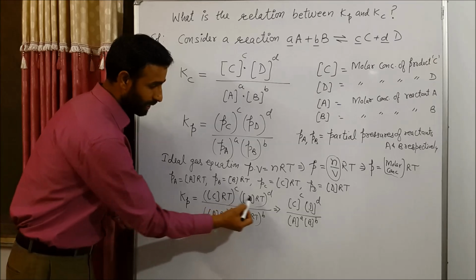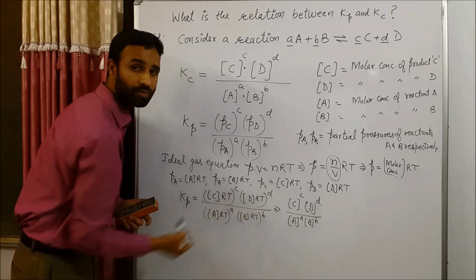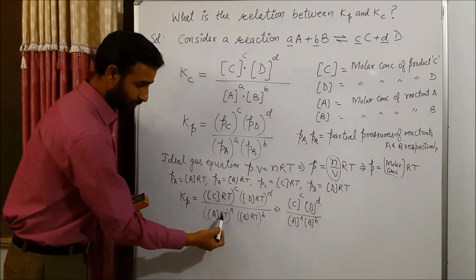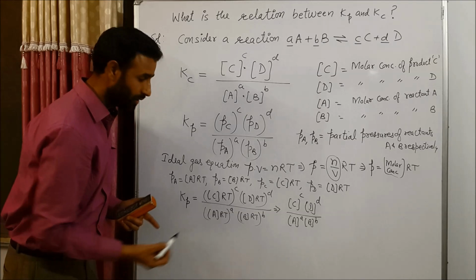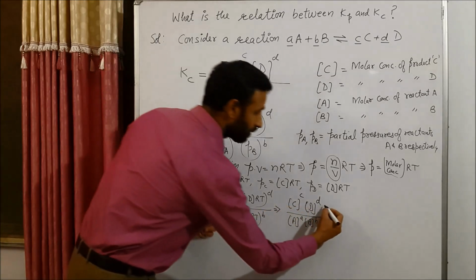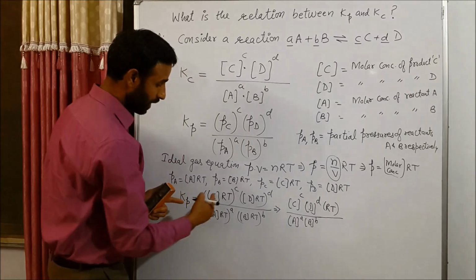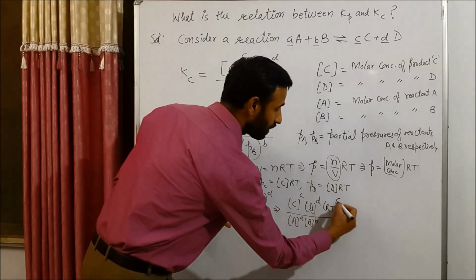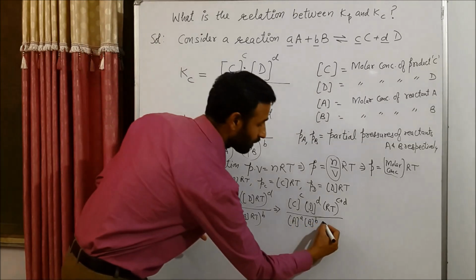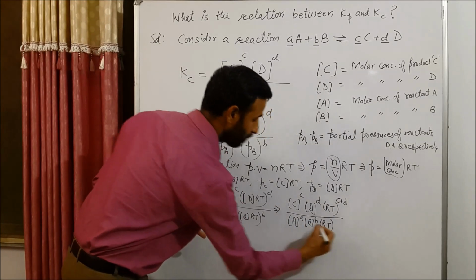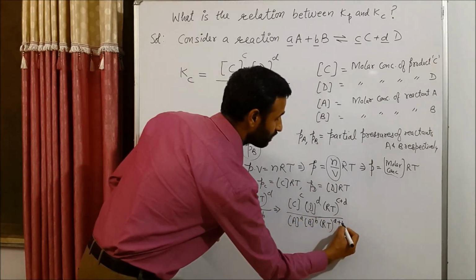If the bases are the same, then powers are added, and if they are divided, then it is subtracted. So RT in the numerator is raised to power c plus d, and here RT is raised to power a plus b.